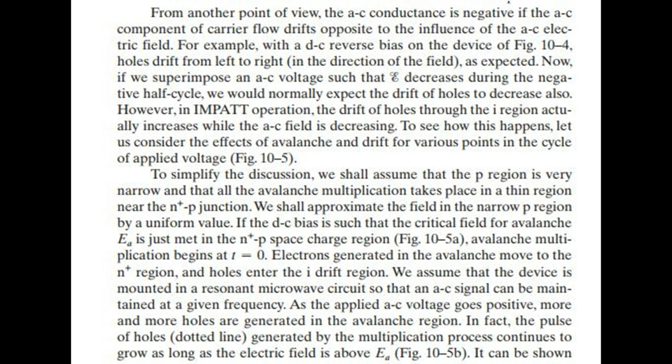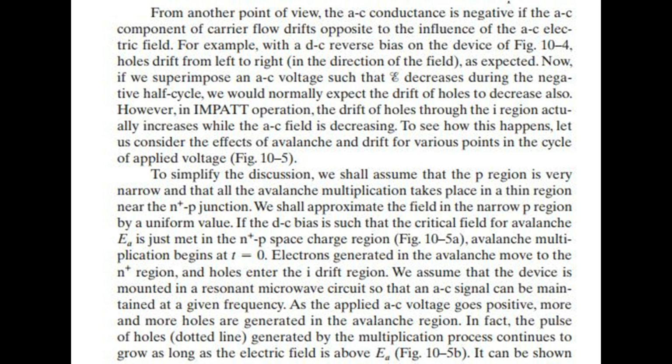Electrons generated in the avalanche move to the N+ region, and holes enter the I drift region. We assume that the device is mounted in a resonant microwave circuit so that an AC signal can be maintained at a given frequency. As the applied AC voltage goes positive, more and more holes are generated in the avalanche region. In fact, the pulse of holes, dotted line, generated by the multiplication process continues to grow as long as the electric field is above EA, Fig 10.5b.